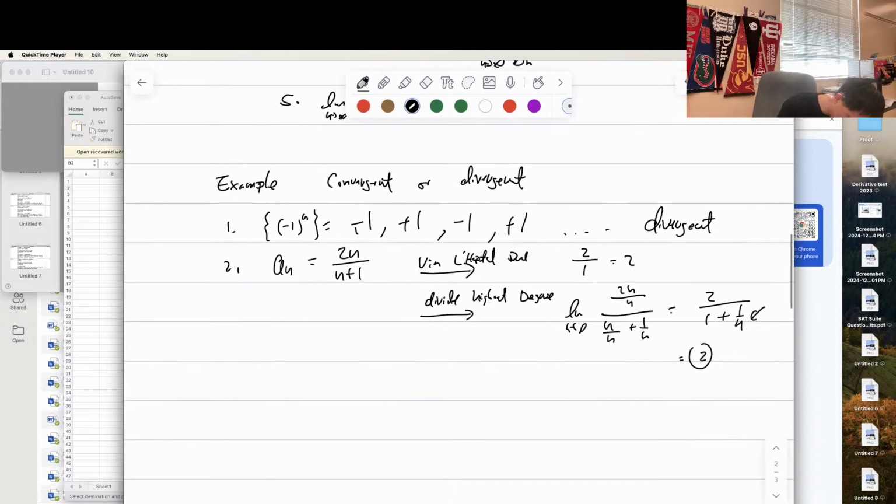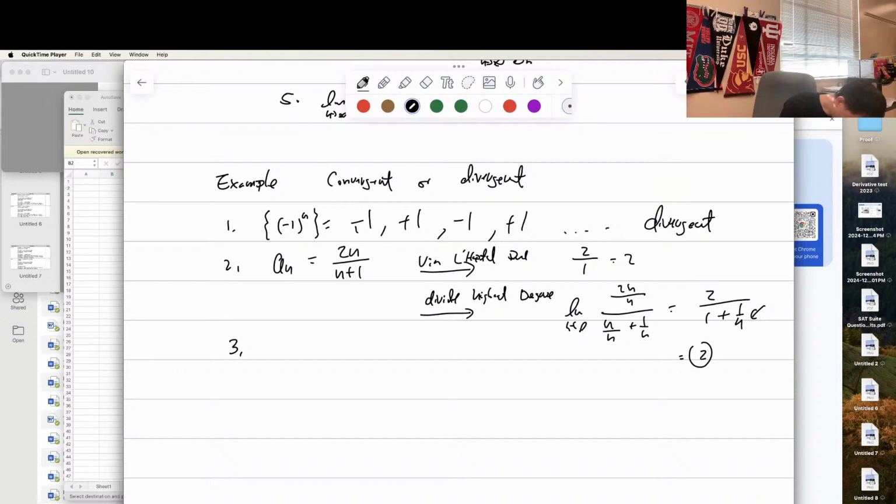Okay, how about this one? This one's going to be interesting. a_n is equal to 2 plus (-1)^n, over n. I'm not going to ask you this, Ethan, so I'm going to ask you the next one. Corbin?